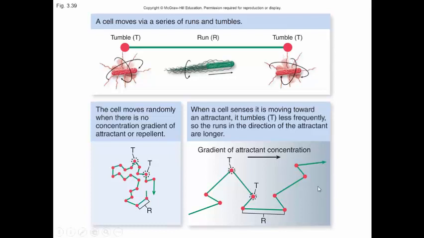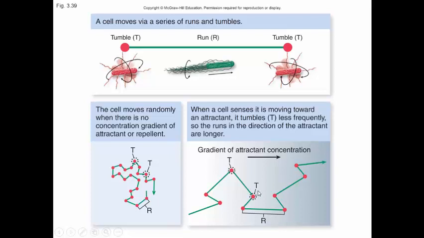Let's say you're moving toward a gradient, a buildup of certain nutrients, amino acids, lipids, or you're moving away from something, a concentration of antibiotic or some hostile chemical or a change in pH. What you have is sort of a run for a distance, tumble, spin, run for a distance, tumble, spin, and this continues every time you make a major turn.